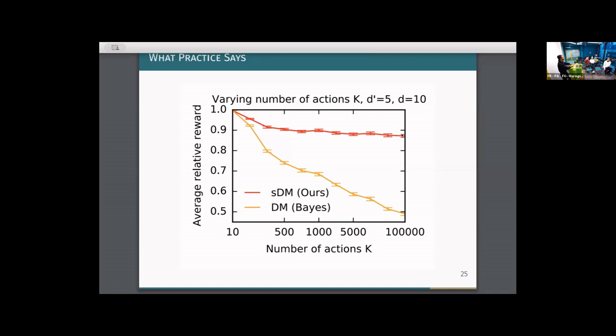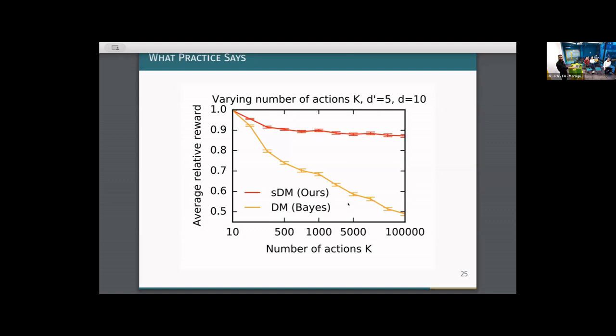It's uniform, you sample everywhere with epsilon greedy. Exactly. And the direct method, like a Bayesian method with latents, works badly, and yours works very well. Yes.